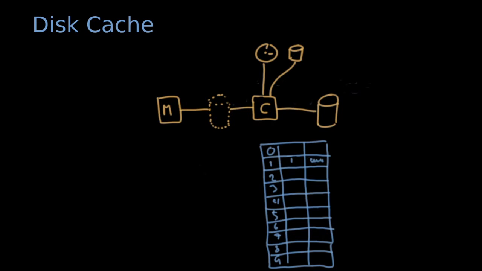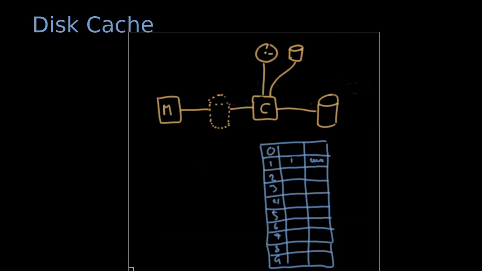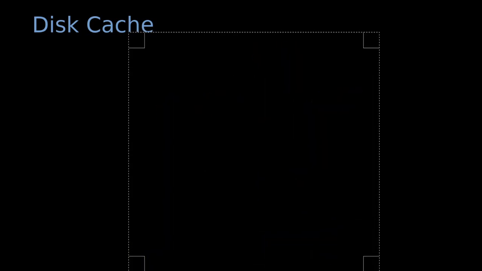Disk caching is often used in multiple levels of a system. Let's have a look at how that often works. So for example, let's say we have multiple physical disks over here.